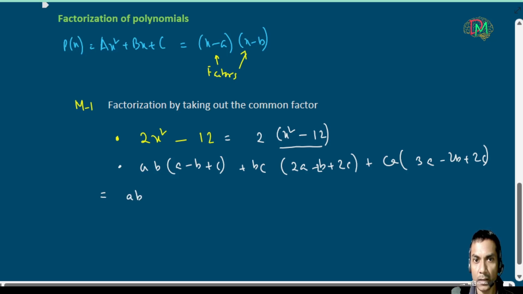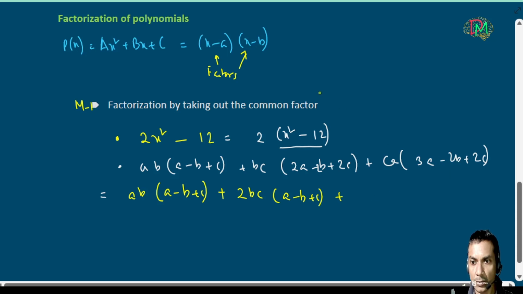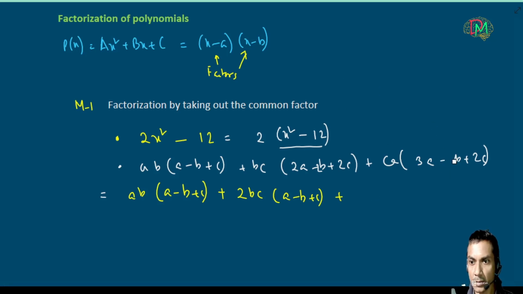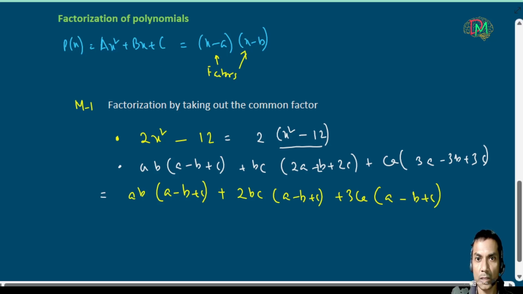We write ab(a minus b plus c) plus 2bc(a minus b plus c), and take common 2 here. Then here you can take common 3, and multiply by ca, so 3ca, and what remains is a minus b plus c. Now we check it.